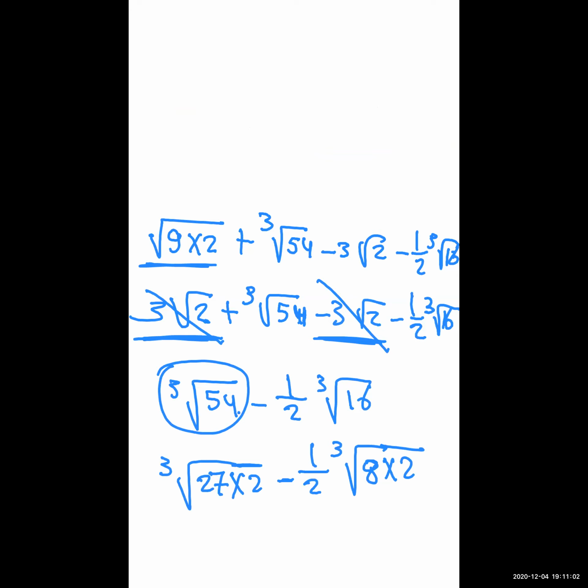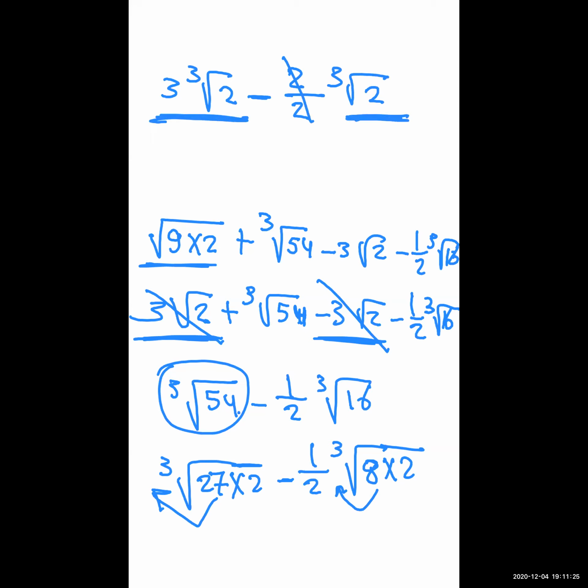So now this 27 gives 3 cubic root of 2, minus, this 8 will be 2, so 2 over 2, because 2 times half, cubic root of 2. So now this is 1. So 3 cubic root of 2 minus cubic root of 2 equals 2 cubic root of 2. That's it. Now it's clear? Yeah, clear.